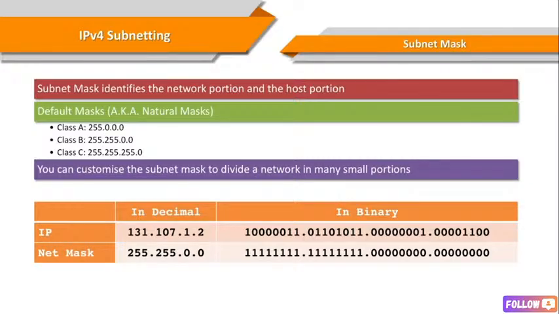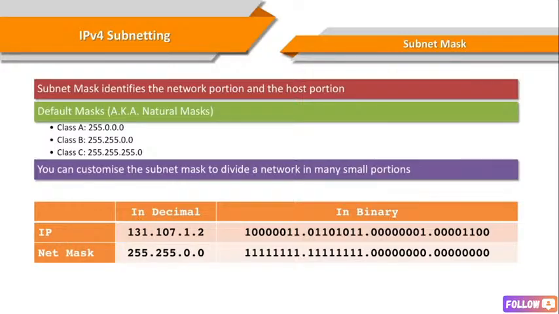Class A, B, and C networks have default masks, also known as natural masks, and these masks are 255.0.0.0 for Class A, 255.255.0.0 for Class B, and 255.255.255.0 for Class C networks.